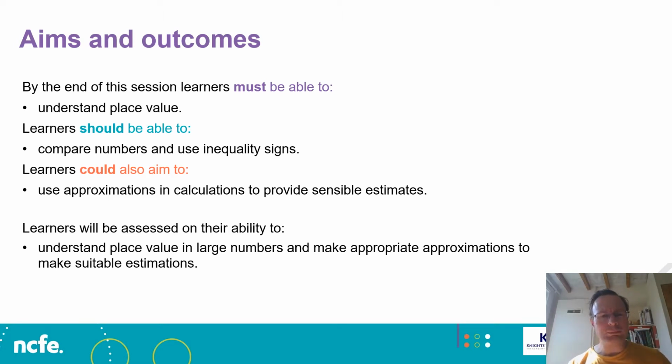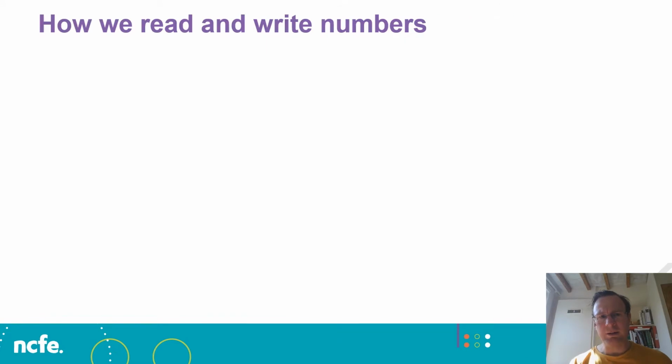We hope you'll be able to use approximations in providing estimates of quite complex calculations, and we're going to assess you ultimately on your ability to use place value in large numbers. We'll see this through your completion of the knowledge check questions, and also a bit of your work around this topic that comes in. At the end of it, I'll go through those knowledge check questions.